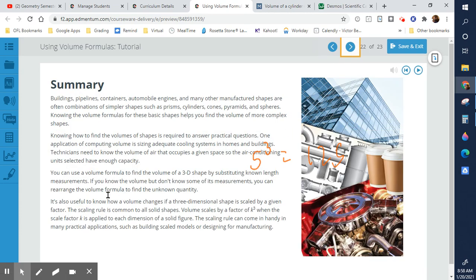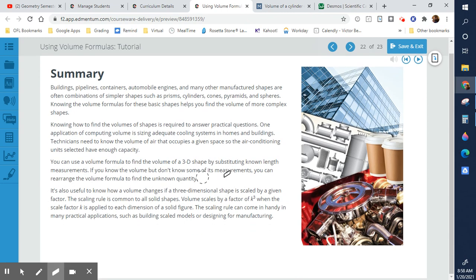All right. So moving on to summary, buildings and everything have all kinds of volume and they can be affected in different ways, especially in three-dimensional space. It's not as simple as, to double something, you just double one of the sides. Or actually, it is that simple. I was going to say, if you wanted to double volume, you don't double every side.